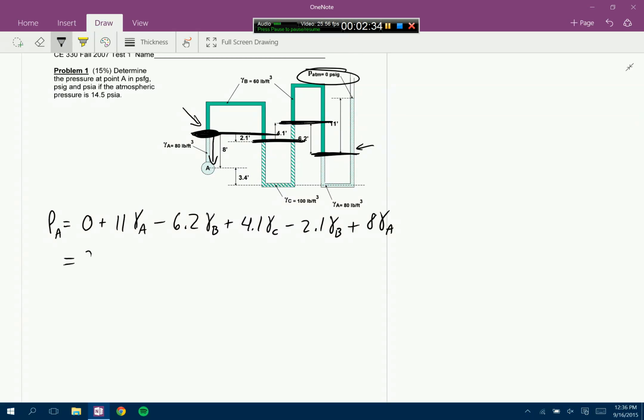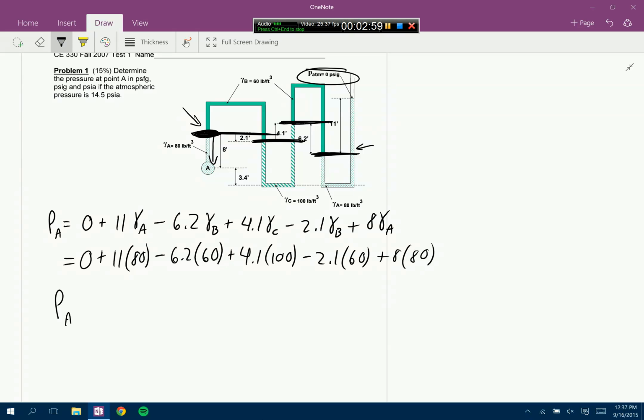Now if we just plug in our numbers, we have 0 plus 11 times 80 minus 6.2 times 60 plus 4.1 times 100 minus 2.1 times 60 plus 8 times 80.